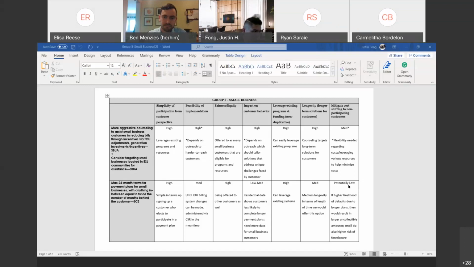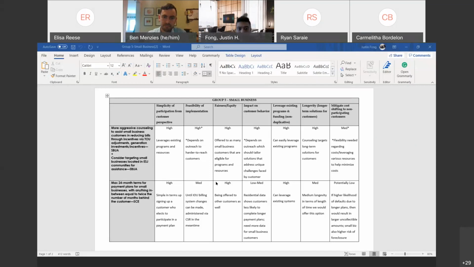Longevity is also medium because we will only do this option for a limited time until all customers have recovered from the COVID impacts. And again, the cost, it's potentially low because it depends on the default of customers and customers shutting down, leaving arrears behind.